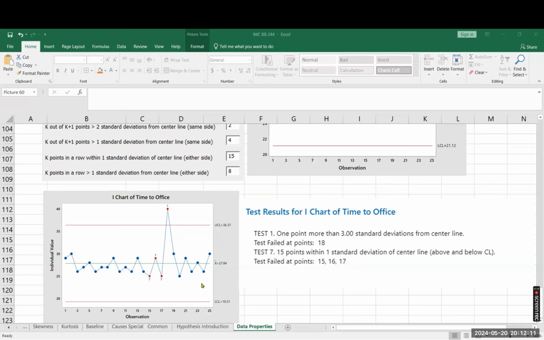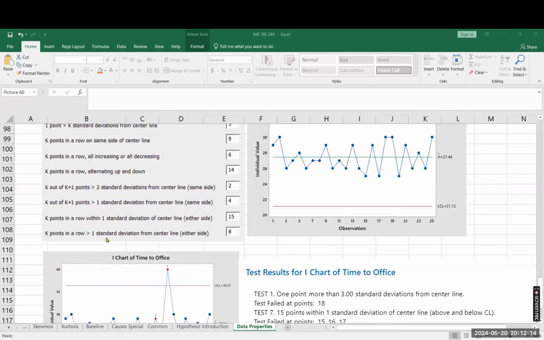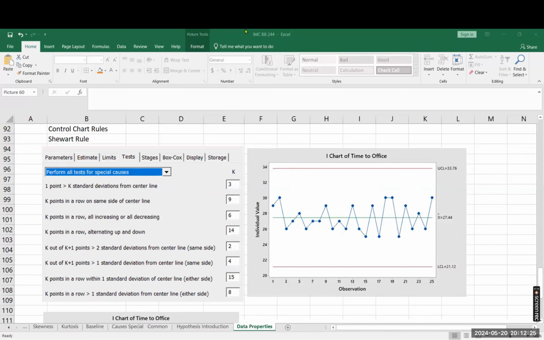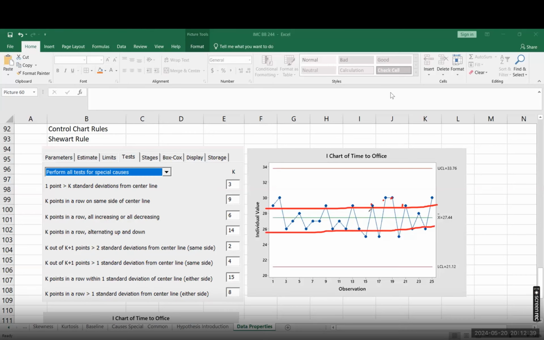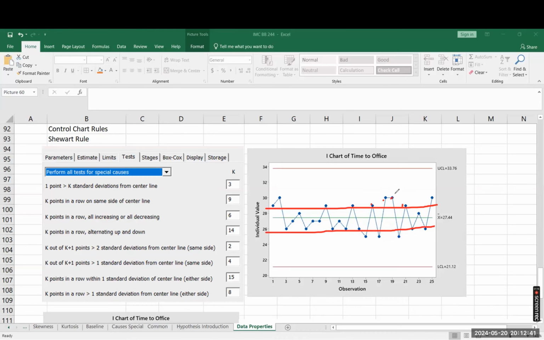Rule number 8: K points in a row greater than 1 standard deviation from the center line. If you have 8 data points continuously more than 1 standard deviation from the center line, for example, if this is your 1 standard deviation line and you have 8 data points outside it, like 1, 2, 3, 4, 5, 6, 7, or maybe this is the 8th, and that situation happens on either side, rule number 8 will fail.